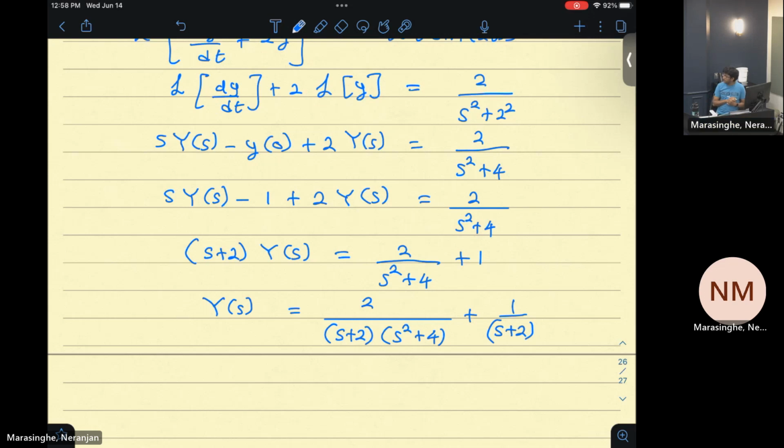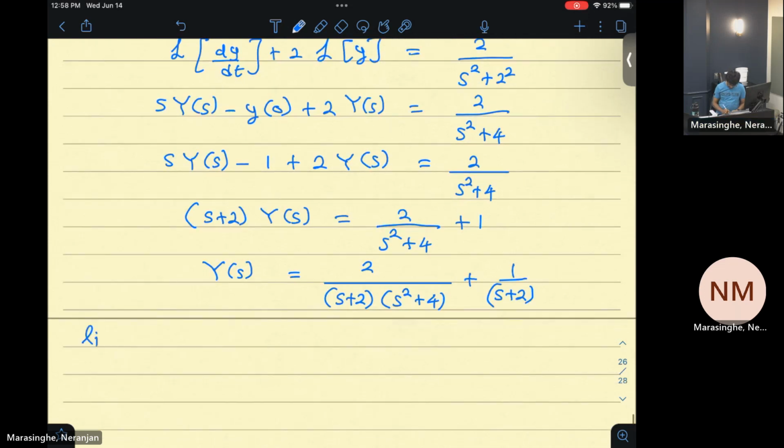Right. Now we can find the limiting value of y(t). The limit as t goes to infinity of y(t) is equal to the limit as s goes to 0 of s times capital Y(s), by the final value theorem. Okay.